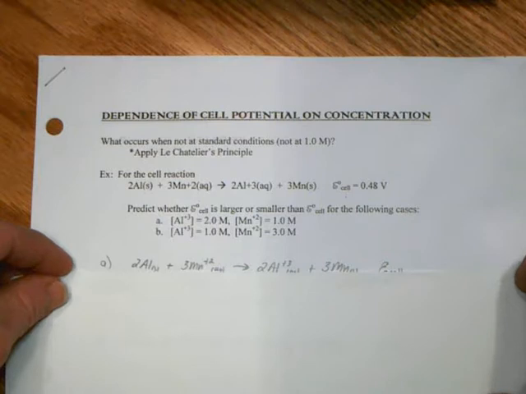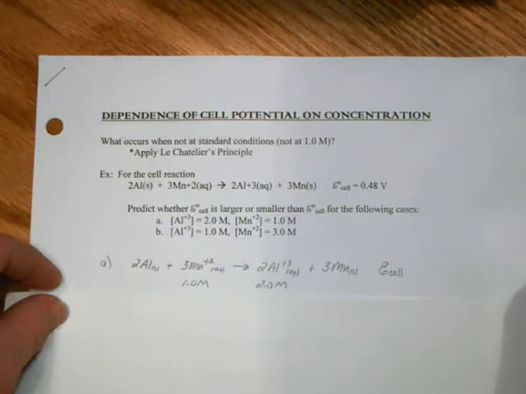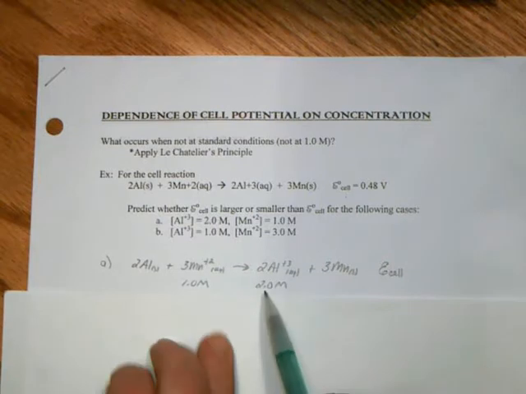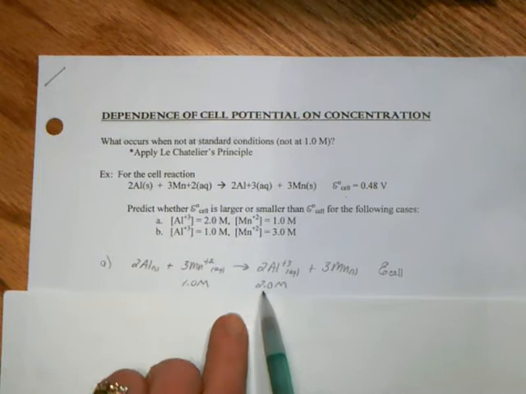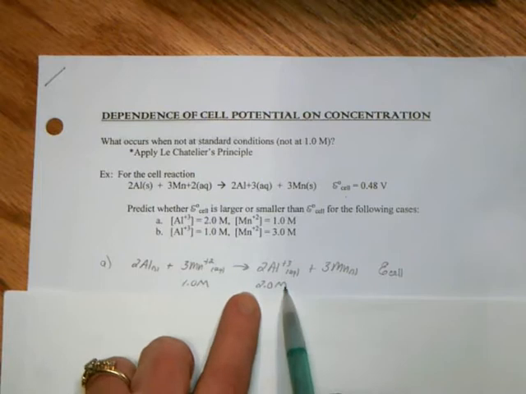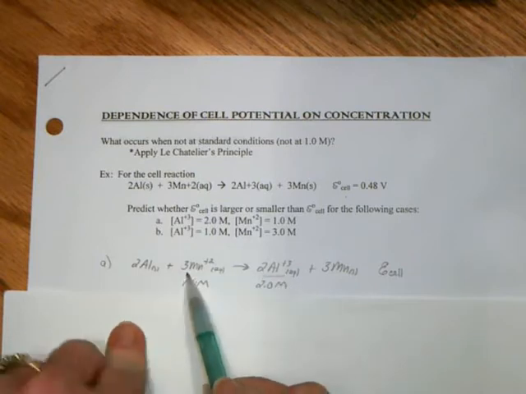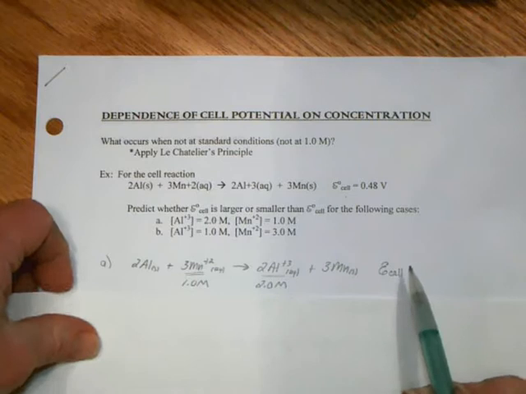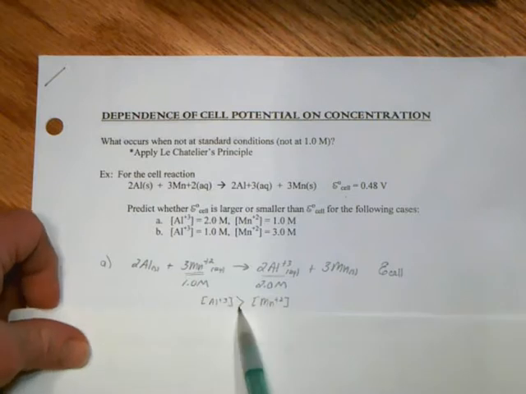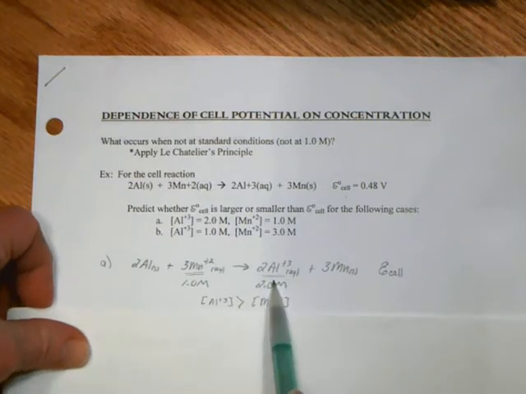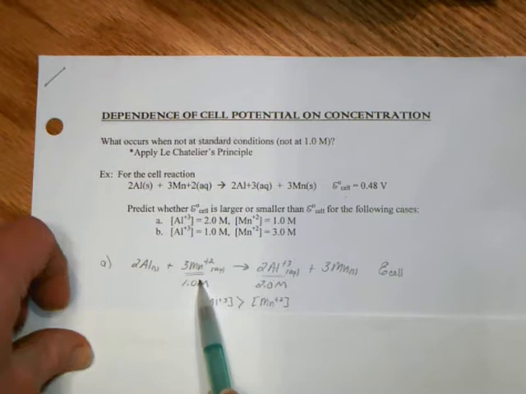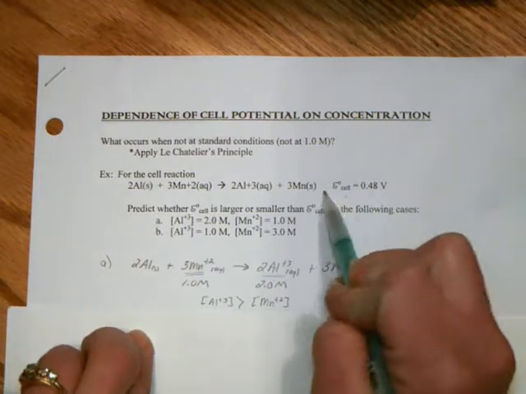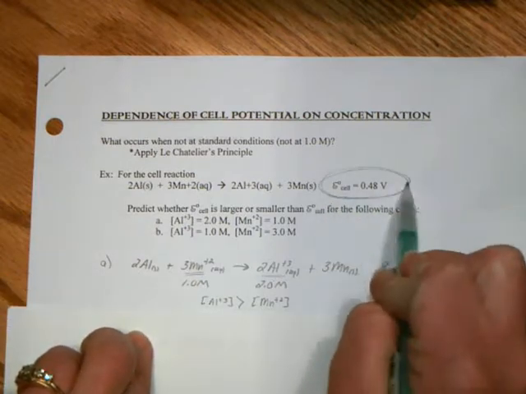Well, if we look at the first situation, here we're creating a situation where we have a greater concentration of the aluminum as compared to the manganese ion. So, Le Chatelier's principle would say we have too much product than we normally should have if we're referencing the standard state voltage.